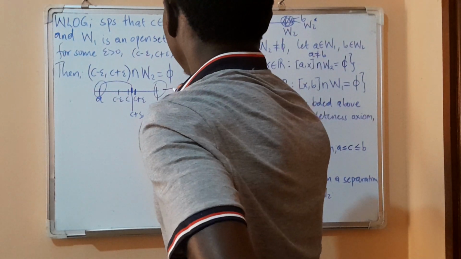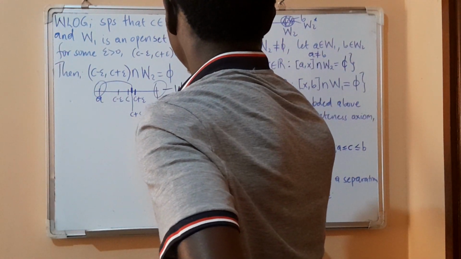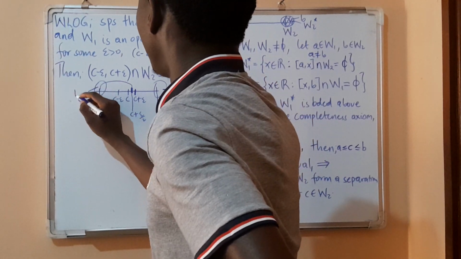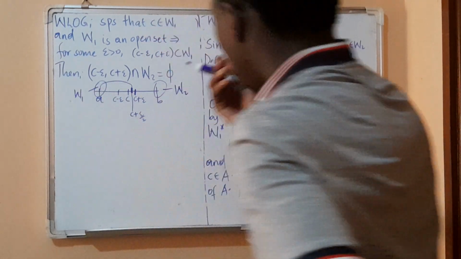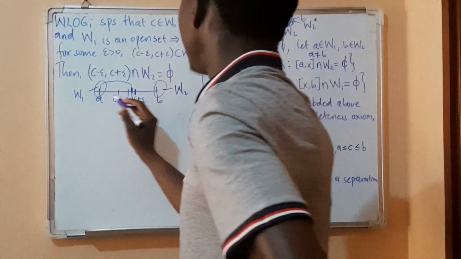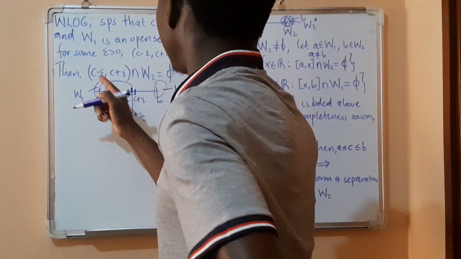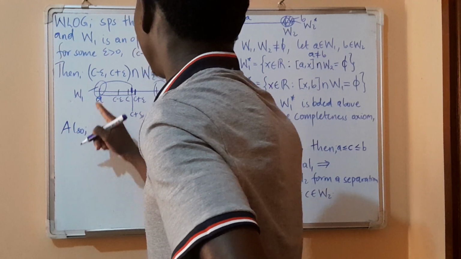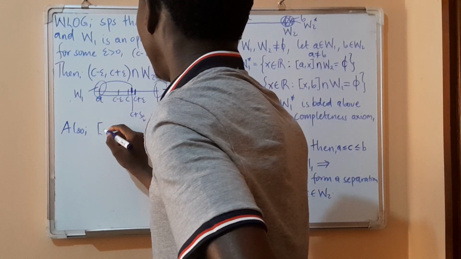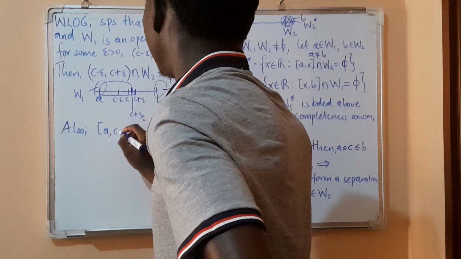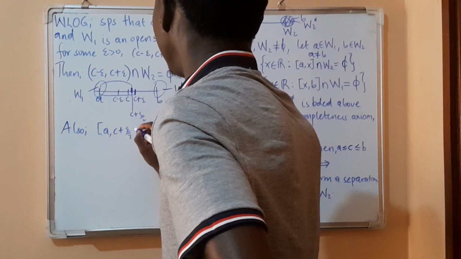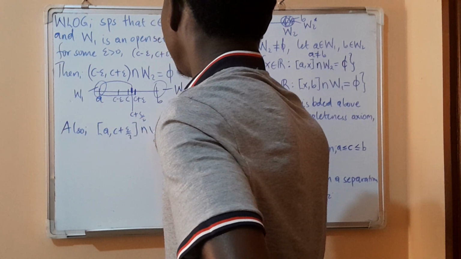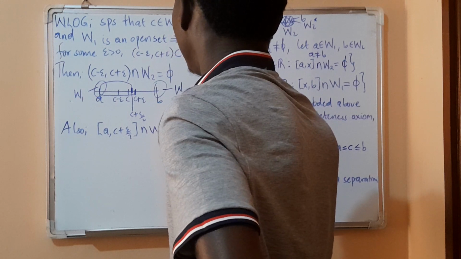Remember, this is W2, this is W1. So since we have this, this set from A to C plus epsilon over 2 cannot meet with W2.